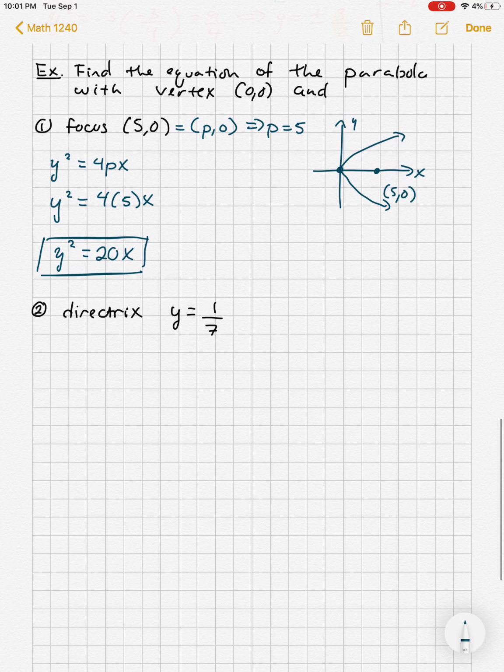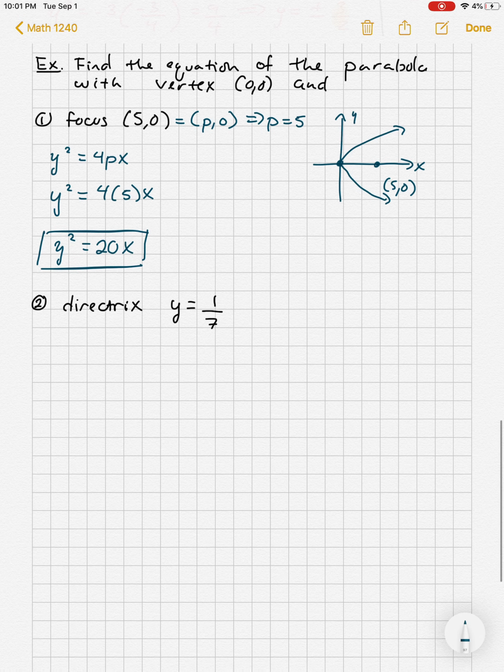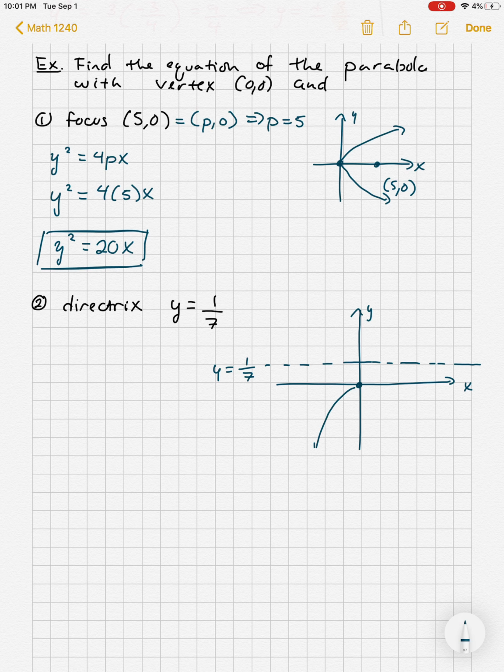Find the equation of the parabola with vertex 0, 0 and directrix y equals 1/7. Again, a rough sketch. The directrix is horizontal, so that's here. That means the parabola opens down.